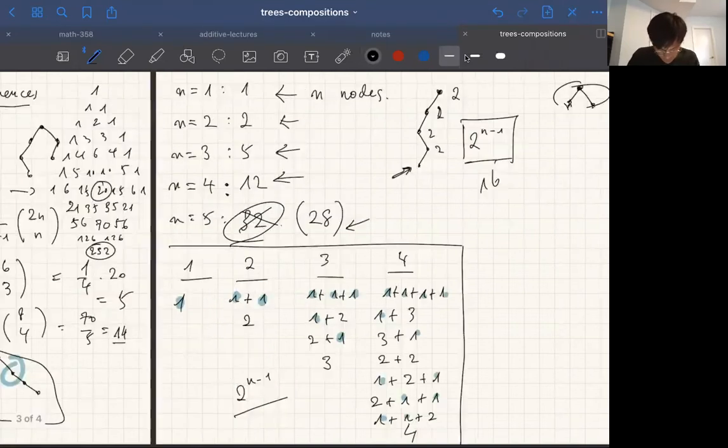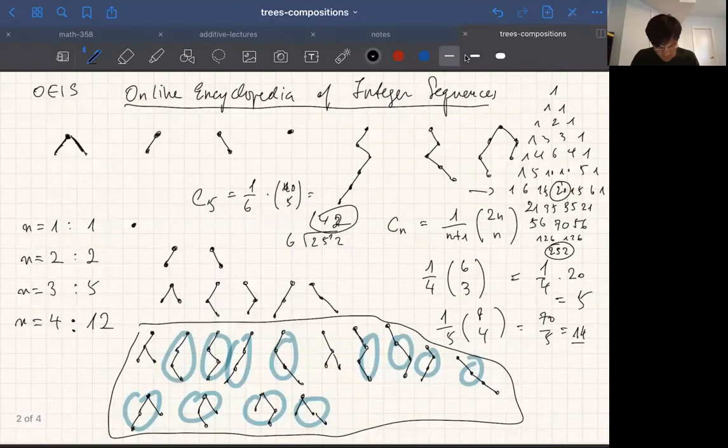Because look, for every one of these trees, we can continue to make it a noodle tree by adding left or right. Left or right, left or right, left or right. And they're all different. You're not going to get the same one twice, I believe, because the tops are different.